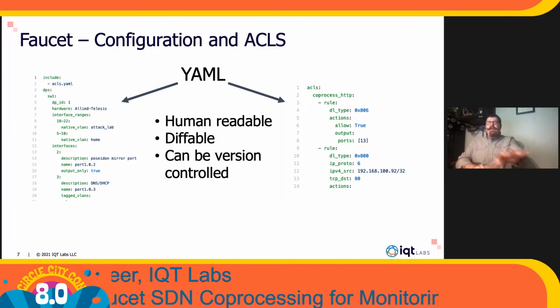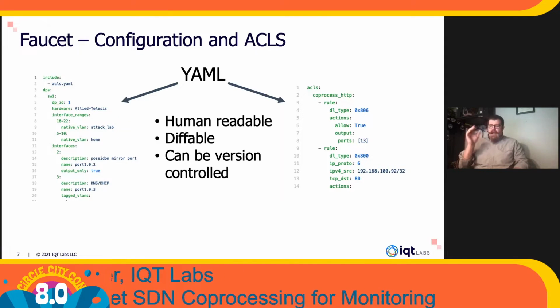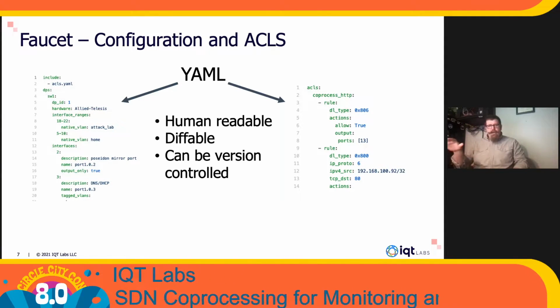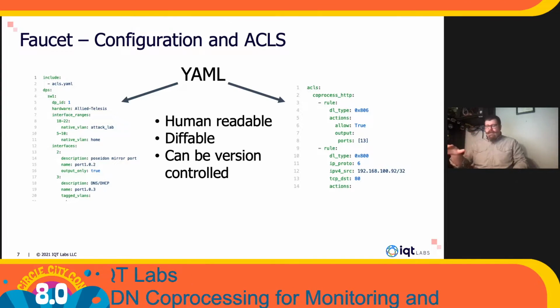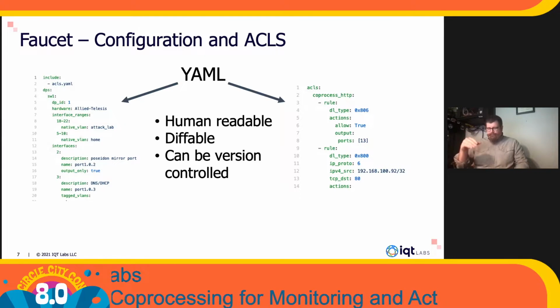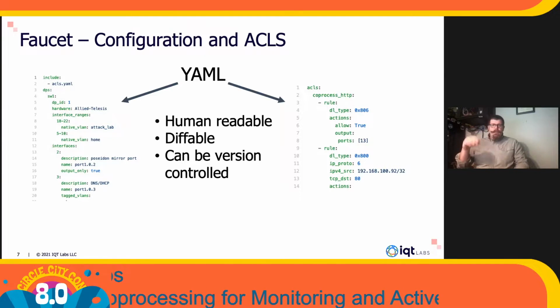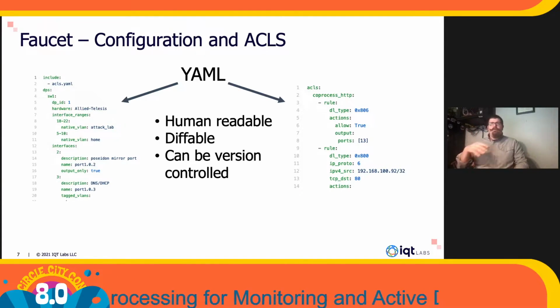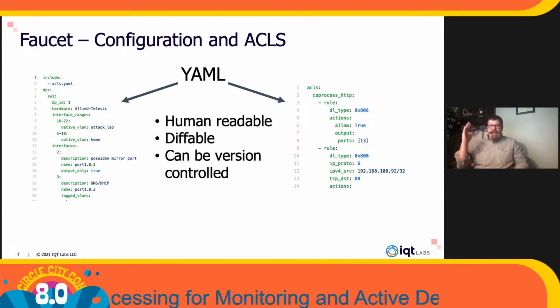Another cool thing about the version control thing: in the office of the company that I work at, we actually have a big internal Faucet deployment. And we also have an internal version control system. It's GitLab, right?